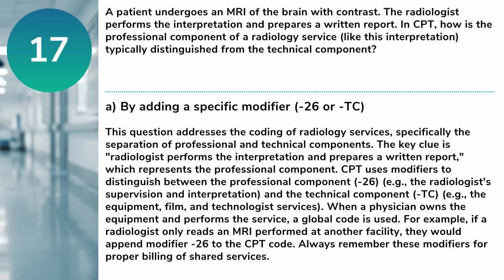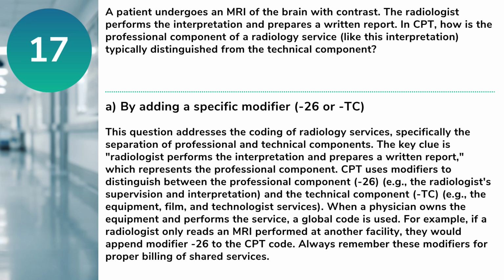This question addresses the coding of radiology services, specifically the separation of professional and technical components. The key clue is that the radiologist performs the interpretation and prepares a written report, which represents the professional component. CPT uses modifiers to distinguish between the professional component, -26, e.g., the radiologist's supervision and interpretation, and the technical component, TC, e.g., the equipment, film, and technologist services.